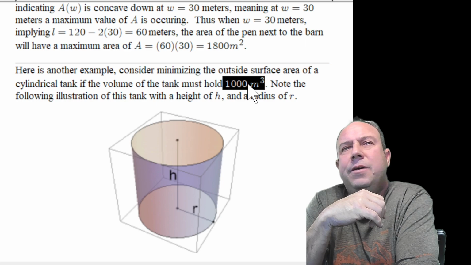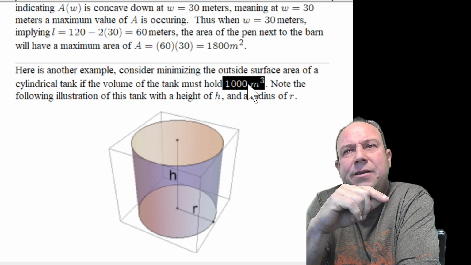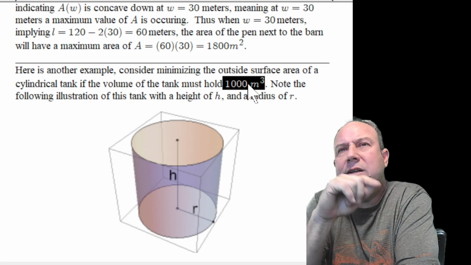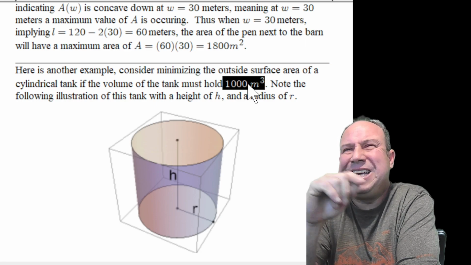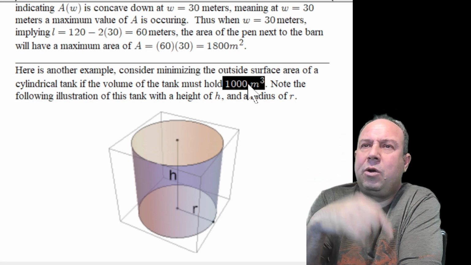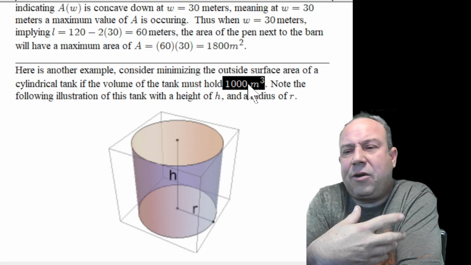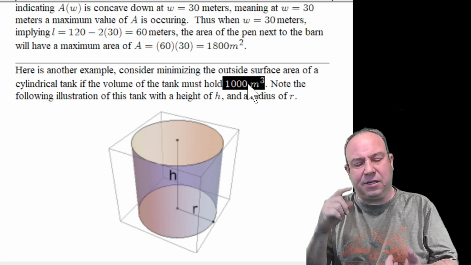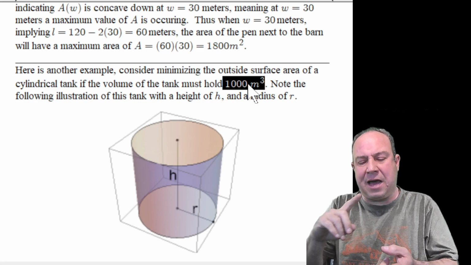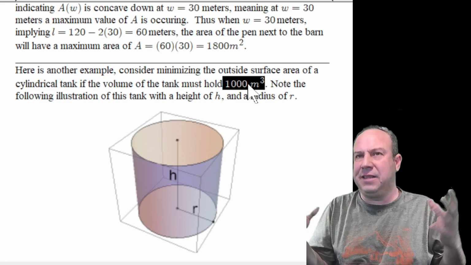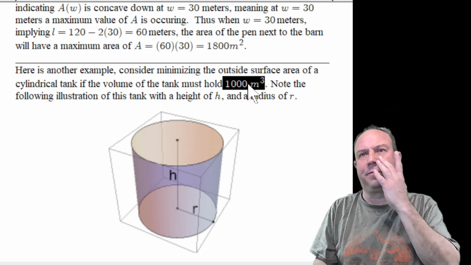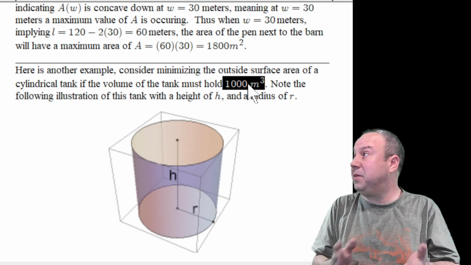But it needs to be cleaned, right? And you don't want to have a tank that's too big to clean, or where the surface area gets really large and it takes a lot of cleaning equipment and a lot of time to clean that surface area. So this becomes an optimization problem.